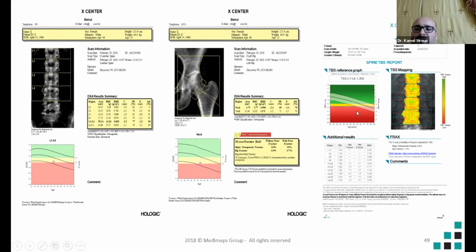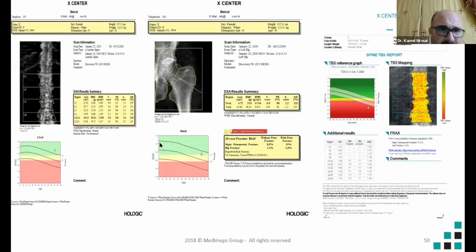Her TBS was good, 1.36. That's relatively good. So her FRAX didn't change much. It was 10%, now it's 9.4%. So if you have a good TBS score, your FRAX adjustment will not change your management of the patient.